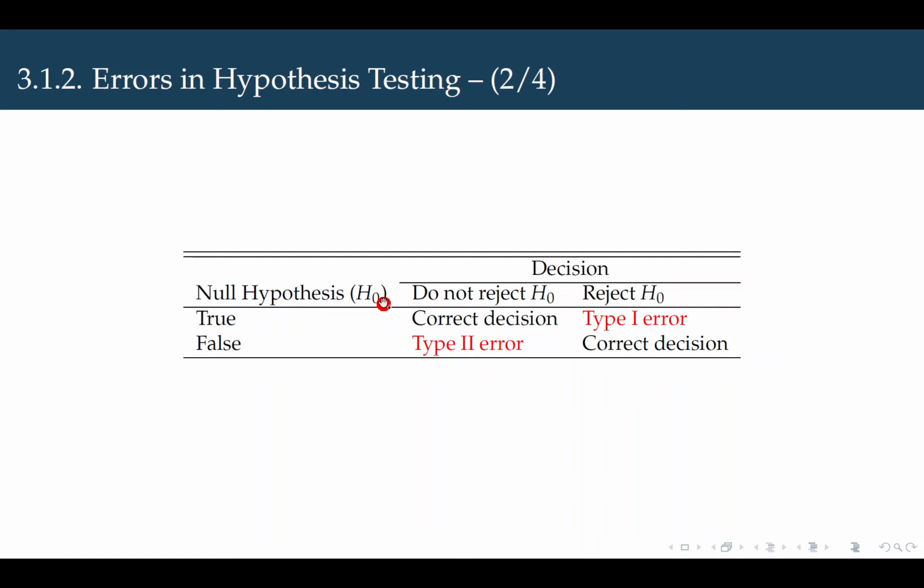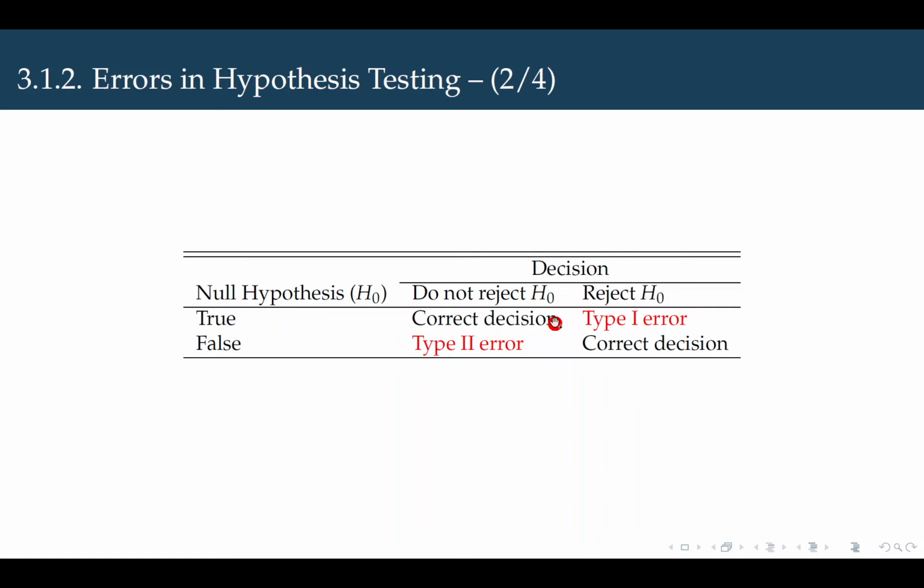On the other hand, if the null hypothesis is false, if we do not reject it, then we are committing type 2 error. But if the null hypothesis is false, and if we reject H naught, then the decision is correct. Therefore, this is just rejecting the null hypothesis, which is actually false.